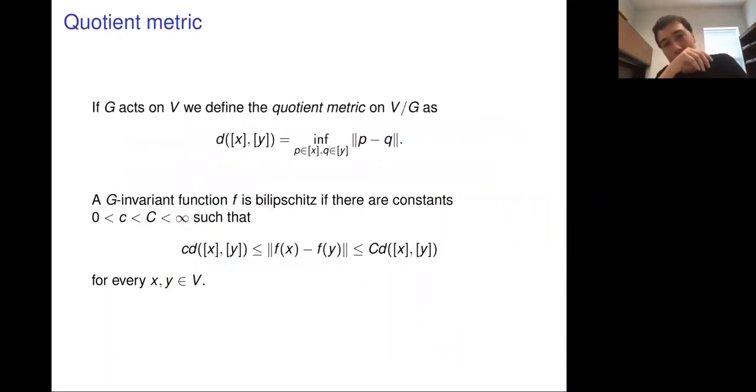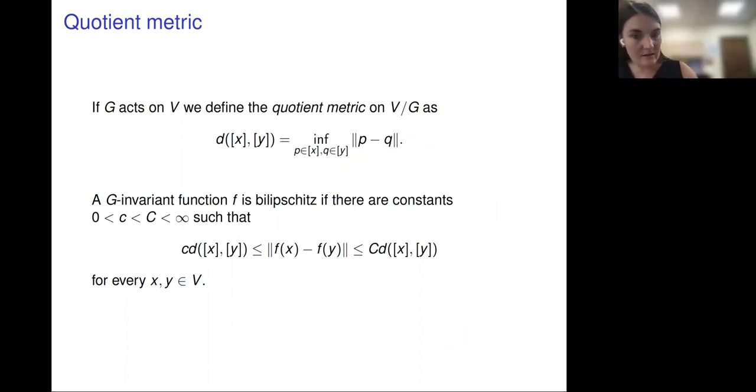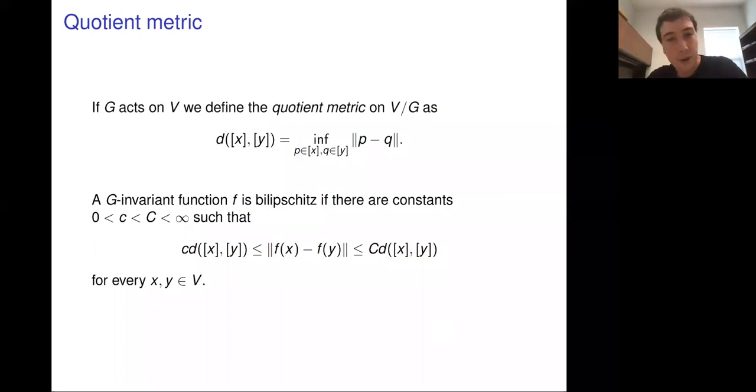I want to now put a little more structure on this set of orbits of my group action. I want to define a metric on this space. If I have two orbits in this V mod G space, I define the distance between them as the infimum of all possible distances between a vector in X's orbit and a vector in Y's orbit.